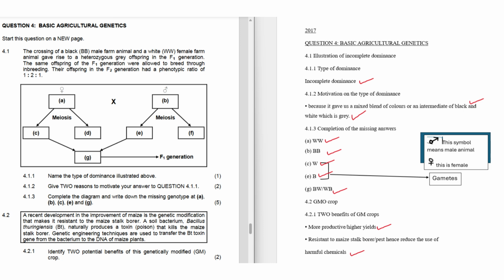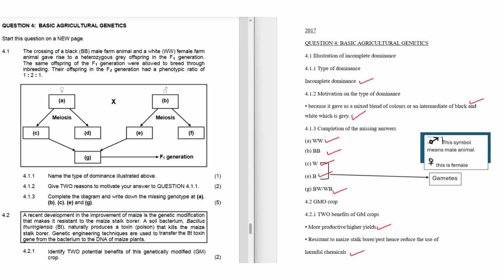Okay, then the animal gave rise to a heterozygous gray offspring. If that offspring is heterozygous and both parents are homozygous dominant, then what is the type of dominance here?